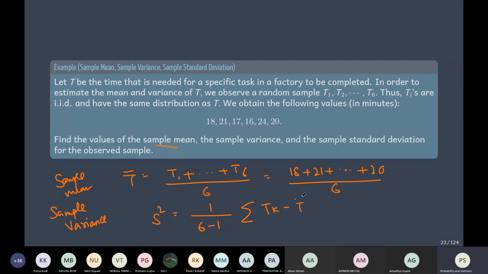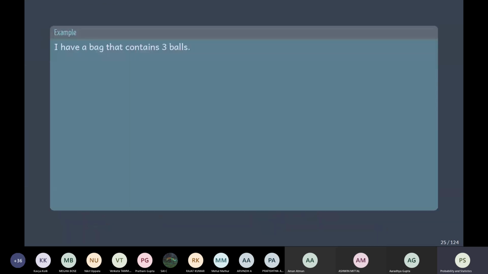T bar we have computed, and then we take the square of this, with k equal to 1 to 6. So this also you can compute. And then the sample standard deviation will be the square root of S square. So this is a very simple example of how to compute sample mean, sample variance, and sample standard deviation.